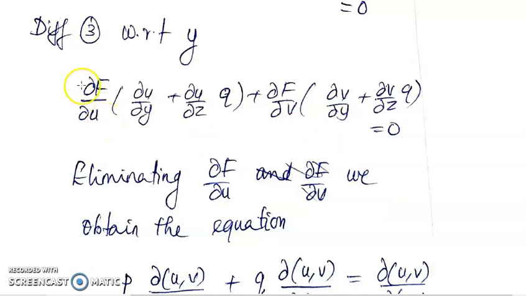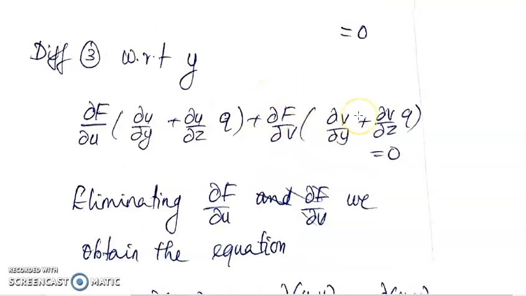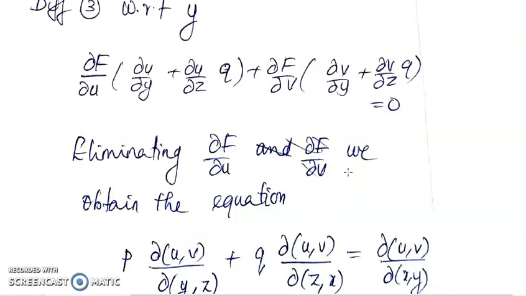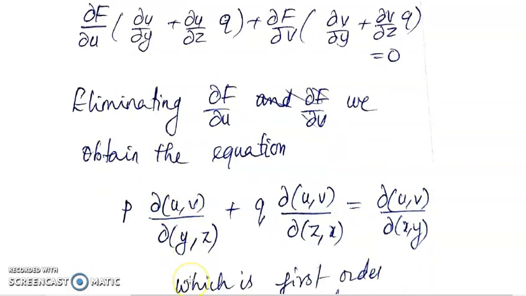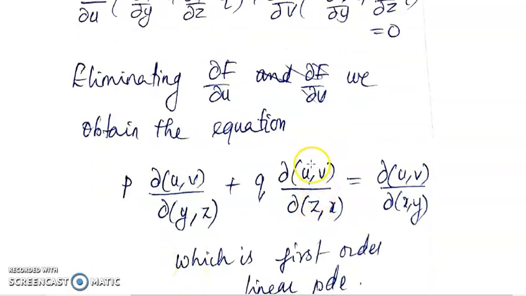On eliminating dou f by dou u, since f is an arbitrary function of v, dou f by dou v cannot be 0. So the remaining coefficient of dou f by dou v will be 0. So on eliminating, you are going to get p into dou of uv by dou of yz plus q into dou of uv by dou of zx equal to dou of uv by dou of xy.